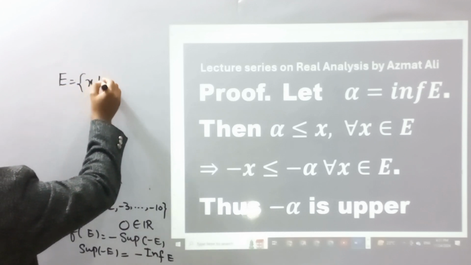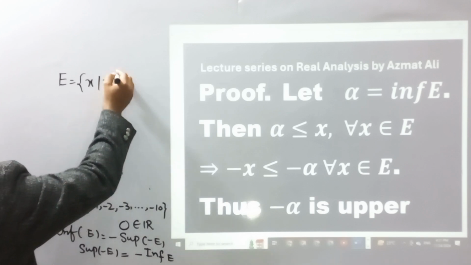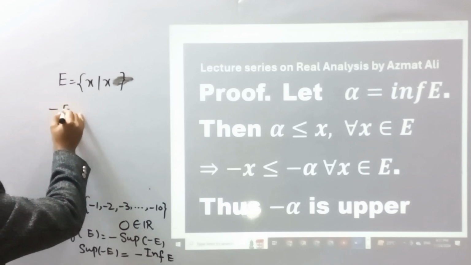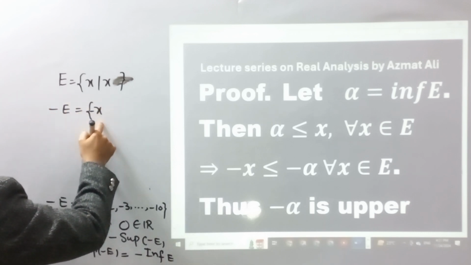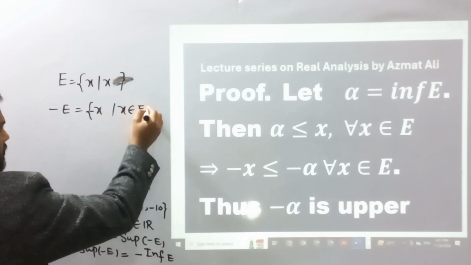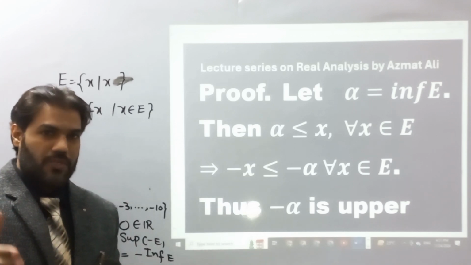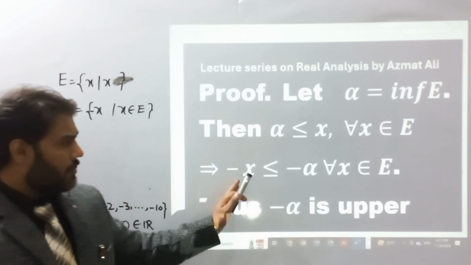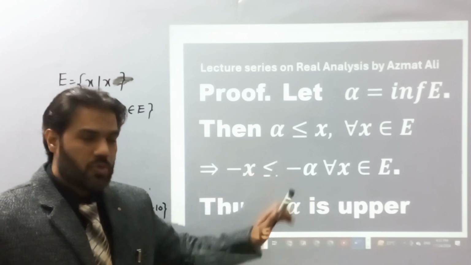Your set minus E is elements of this type. This contains all the elements of minus X type, where minus E consists of negative elements that can be formed from set E. By just taking the negative sign with elements of set E, we can make elements of set minus E. So here all the elements of set minus E are less than or equal to minus alpha.